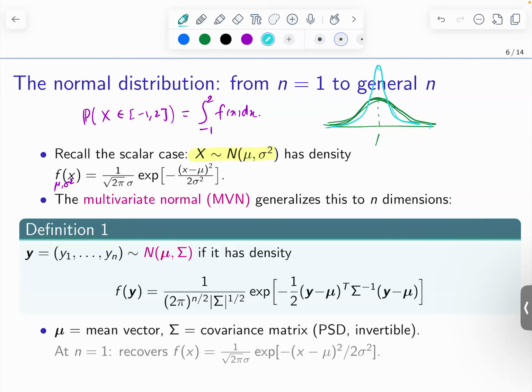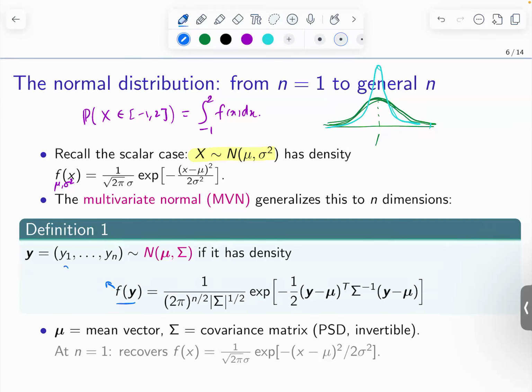So the multivariate normal is just an extension of this for a random vector. You have a random vector Y with coordinates Y1 up to Yn. I'll write that it has a normal distribution with mean mu, which is now a vector, and I'm going to specify a variance matrix rather than just the variance. To do that, I need to give you the density of this random vector, which is really the joint density of the coordinates.